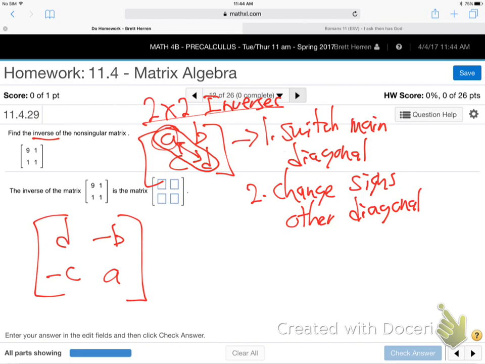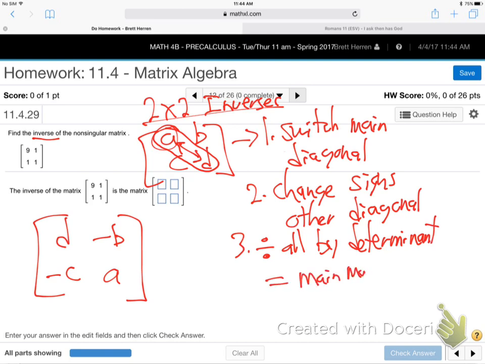So you switch the main diagonal, change the signs on the other diagonal, and then finally, step 3, divide all by the determinant, and the determinant equals main diagonal multiplied minus other diagonal multiplied. In other words, AD minus BC.